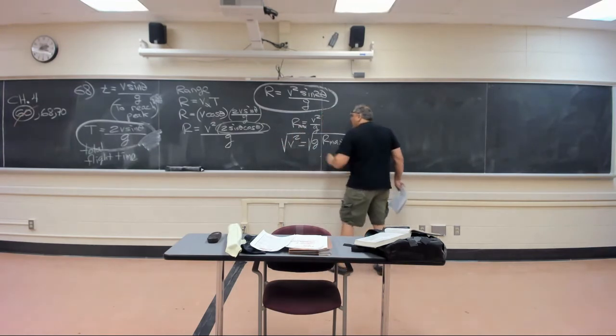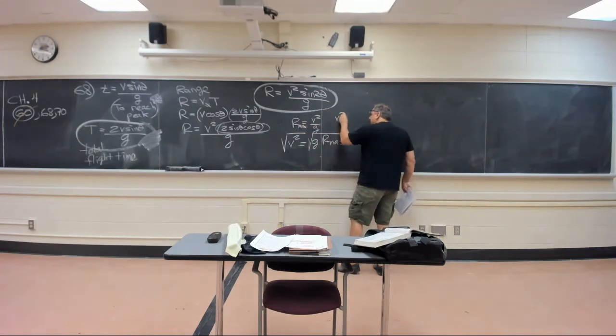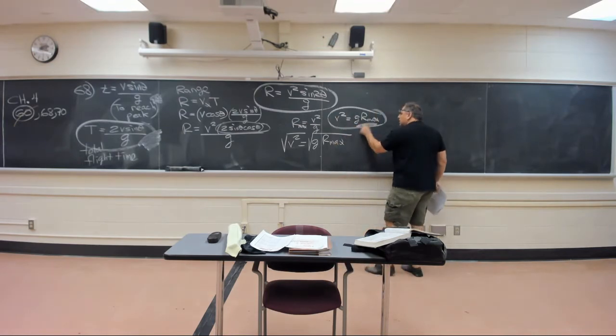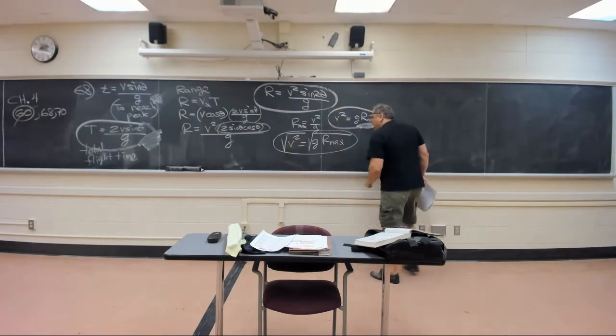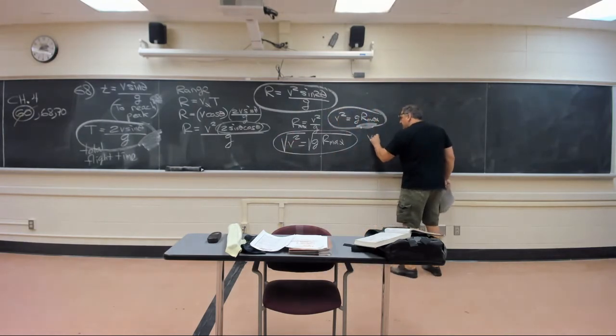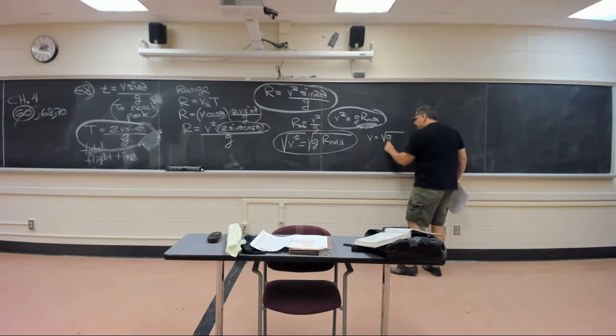Right here, what you've got is V squared equals g R max. Let's multiply by g on each side. When you multiply by g on each side, you get to here. Square root both sides. Right here, you end up getting V equals the square root of g R max.